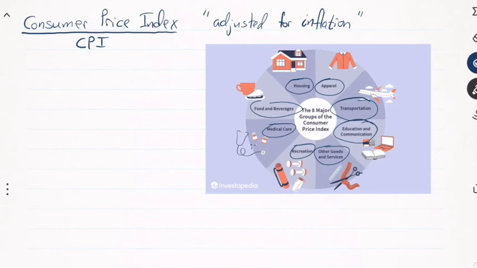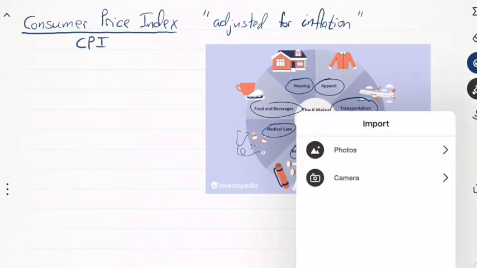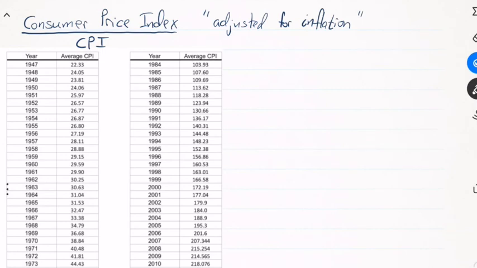So they generate a table of values pretty much every single month, but the one I'm going to show you is one that is an average per year. So I stole this off the internet from a government website, and each year from 1947 all the way up through 2019, I've listed out the average CPI of the year here.